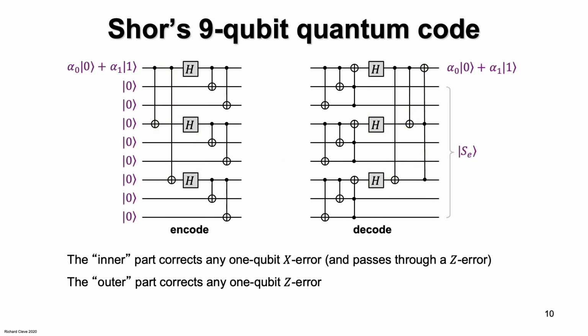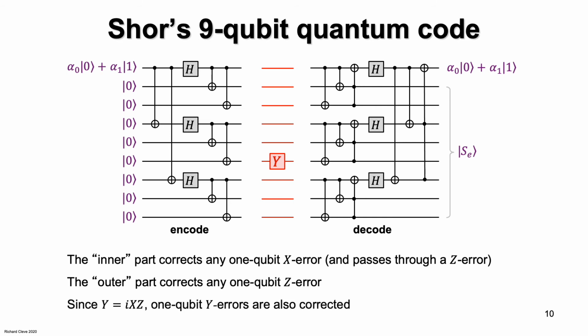What happens if there is a Y error? Since Y equals iXZ, and the phase i makes no difference in this context, this can be viewed as a Z error and an X error. The inner part corrects the X error, and the outer part corrects the Z error.